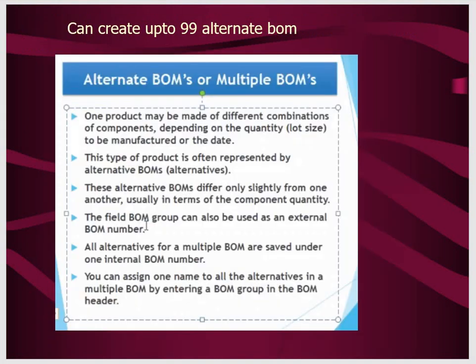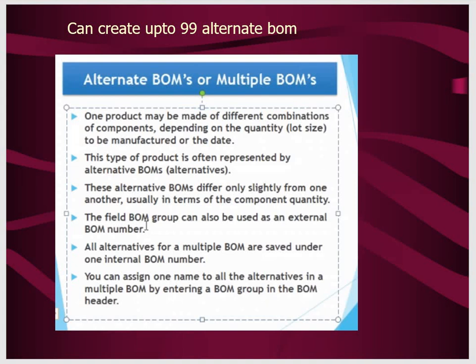How many alternate BOMs can you create? You can create up to 99 alternate BOMs. Alternate BOM means that if you have to manufacture a product, you can manufacture it using different materials. That's how we create the alternate BOM. Sometimes your customer needs, for example, a pen or a Pepsi bottle.